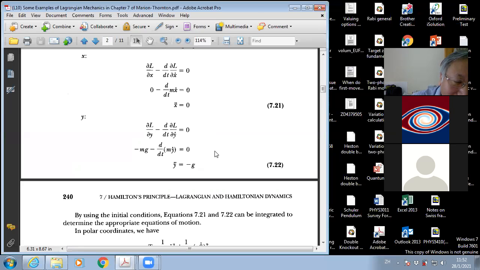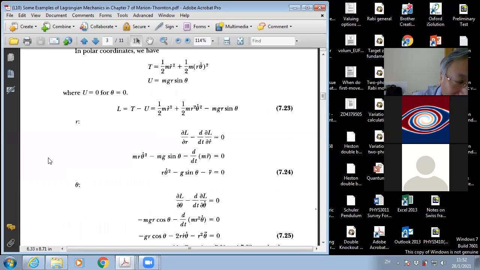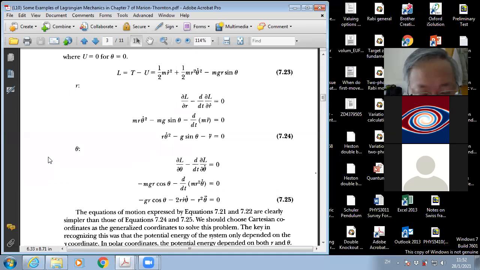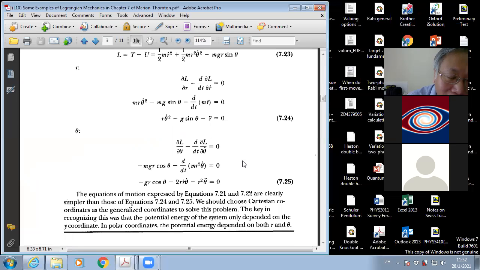And we can obtain a very simple equation of motion in the y direction. However, if we choose polar coordinates, then we get a too complicated equation of motion coupled together, and it's hard for us to identify any conserved quantities because we cannot identify any cyclic coordinates easily.